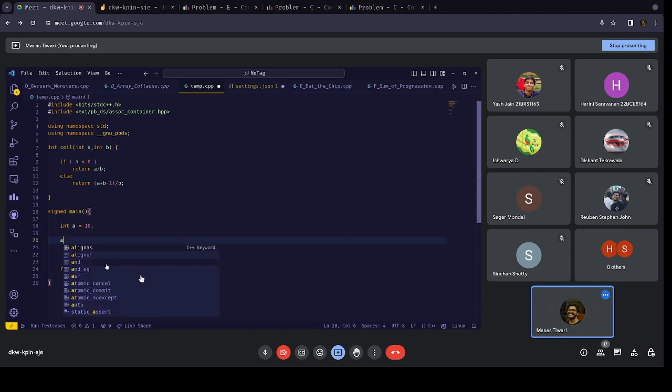So a is equal to a right shift 1 is similar to a is equal to a by 2. Yes, and this will be integer division. Now how will this be integer division? Say a was some number 0 0 0 0 0 0 0 0 0 0 0 0 1 1, right? So if you shift it once, it becomes 0 0 0 0 0 0 1. So basically this last one disappears.